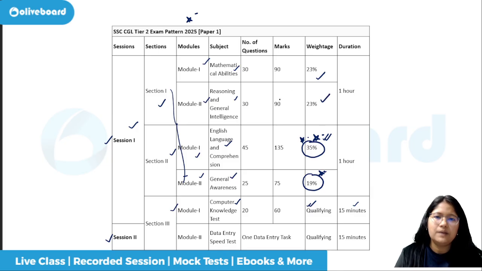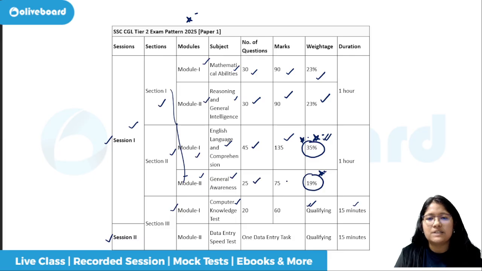What do I mean to say? There are 30 questions for 90 marks in maths, 30 questions for 90 marks in reasoning, 45 questions for 135 marks in English, and 25 questions for 75 marks in general awareness. By which we already understand that if you are too much worried about the current affairs, too much worried about the general awareness, you just have 2 weeks left.